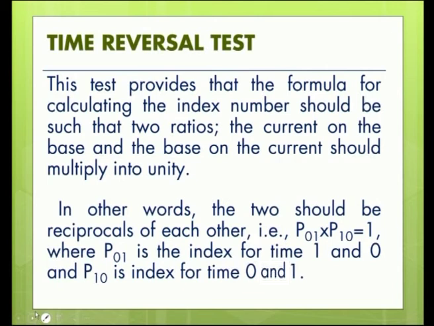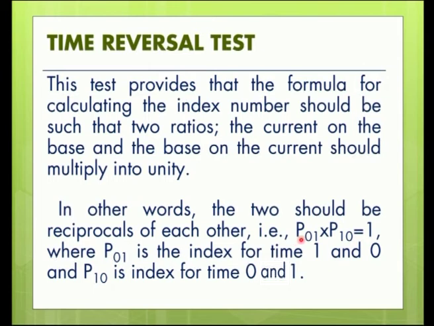Next, the time reversal test. This test provides that the formula for calculating the index number should be such that the two ratios, that is the current on the base and the base on the current, should multiply into unity. In other words, the two should be reciprocals of each other.